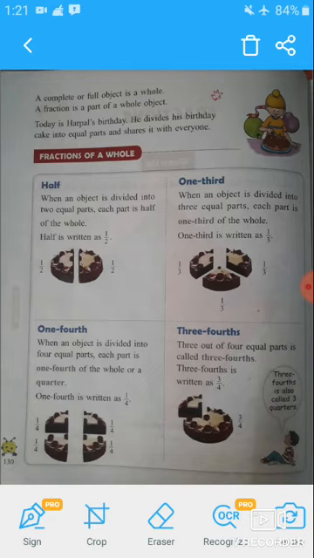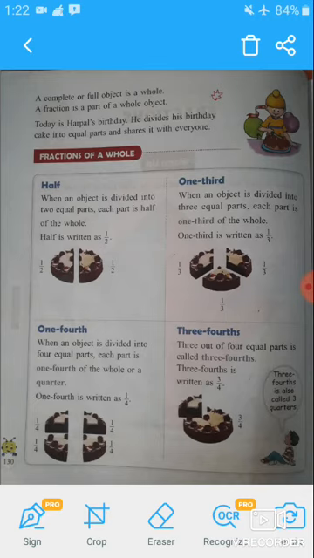Now students, here let's come to your textbook, page number 130. A complete or full object is a whole. So students, as you know that a complete or full object is a whole and a fraction is a part of a whole object.